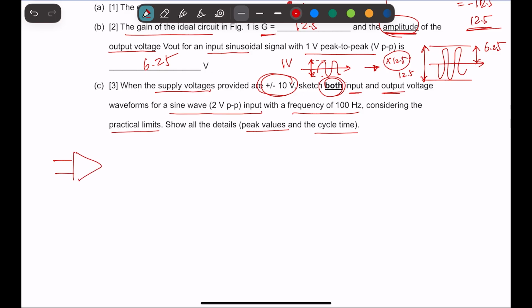We have an op-amp like this, and we have signals going in, and this is going to be my out, and this is my in. And we are providing plus and minus supply like that as well. We talked about this terrible analogy.